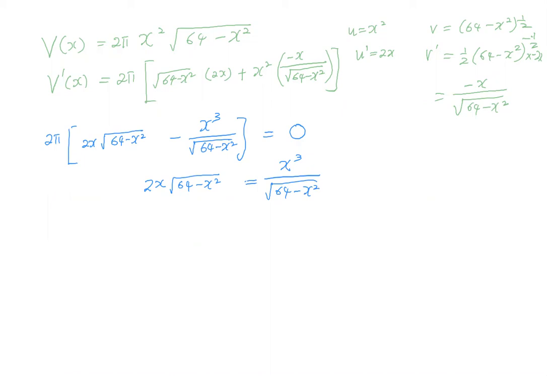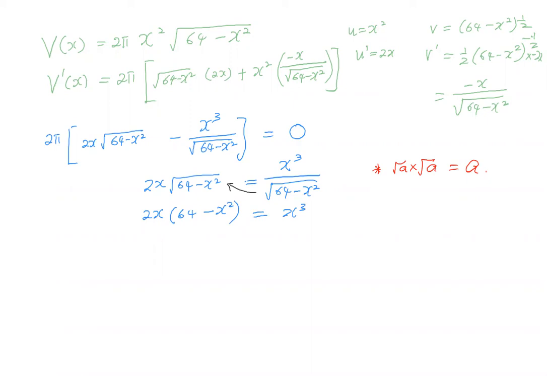Now, bring this one over. So square root times square root. These are the facts that you have to remember. Square root A times square root A gives me A, okay? So you will result 64 minus x squared equal to x cubed.